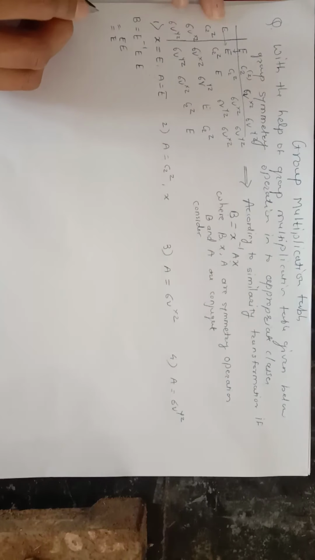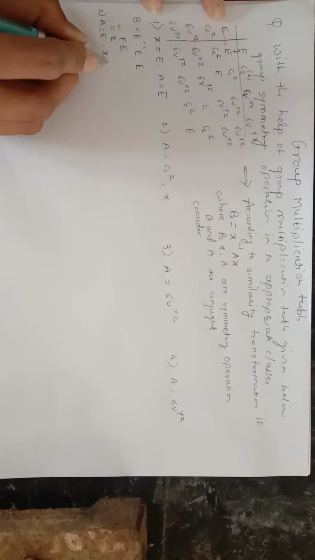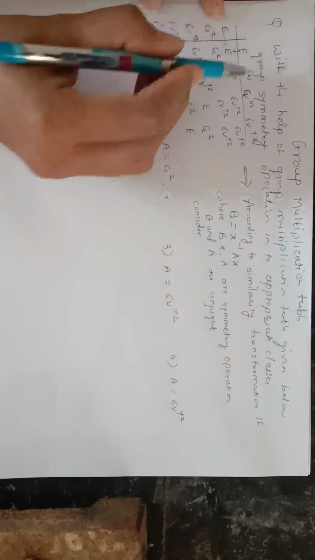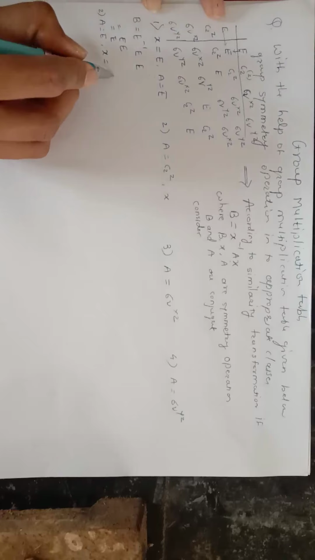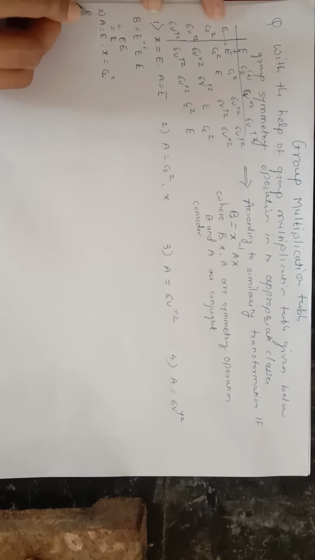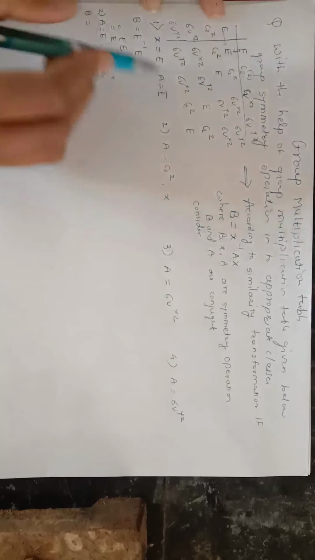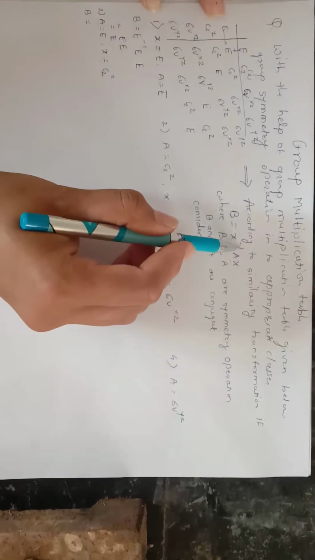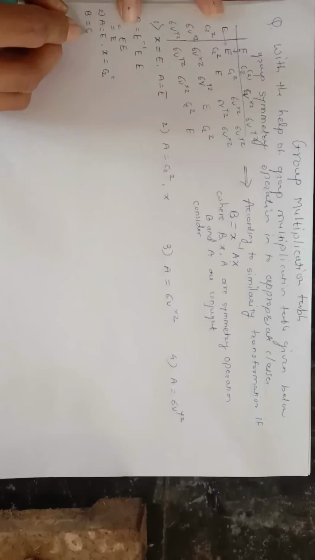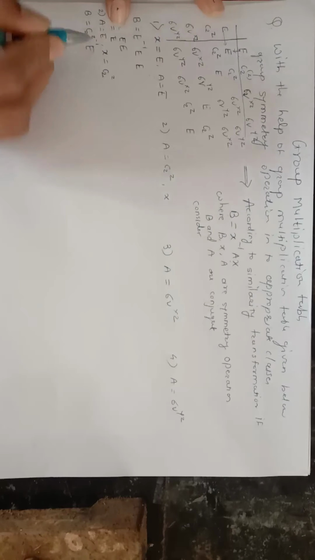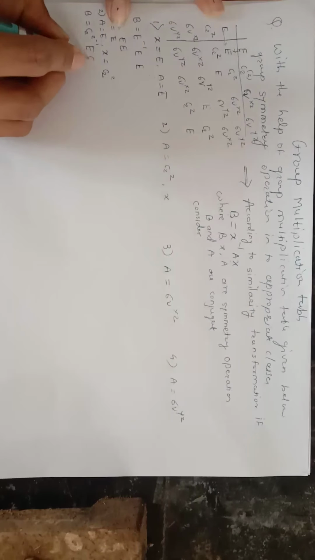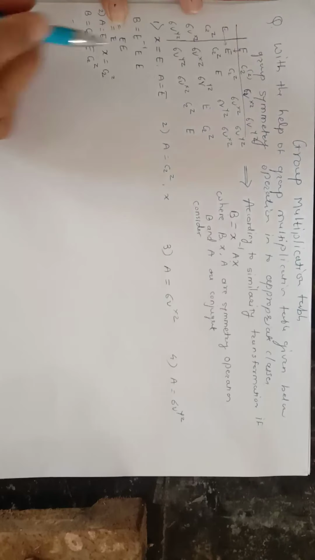In the second, A is equal to E, which is constant for the first, then you change the value of X. X is C2Z. B is equal to X inverse, that is C2Z inverse, into A which is E, and X which is C2Z.